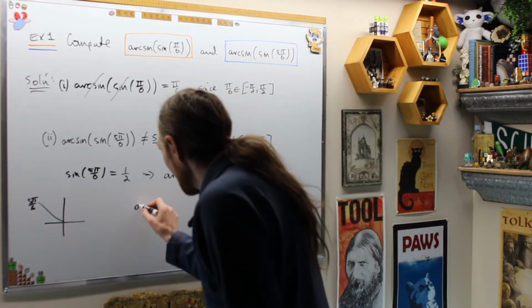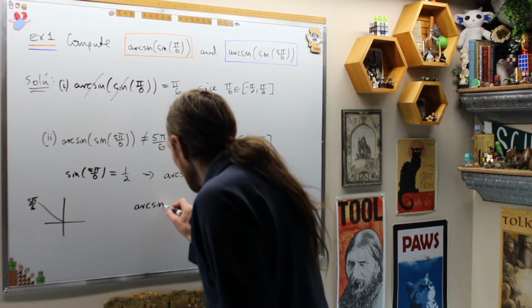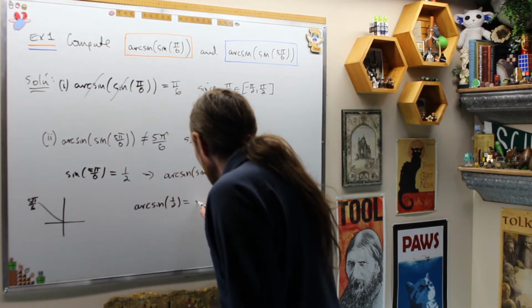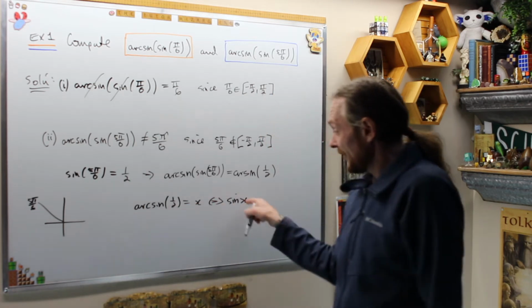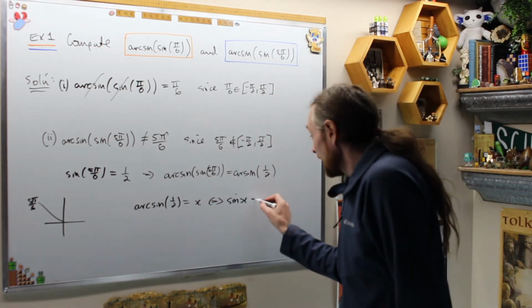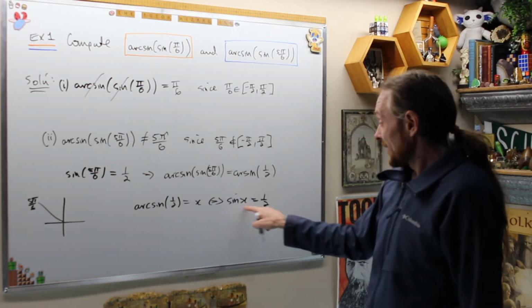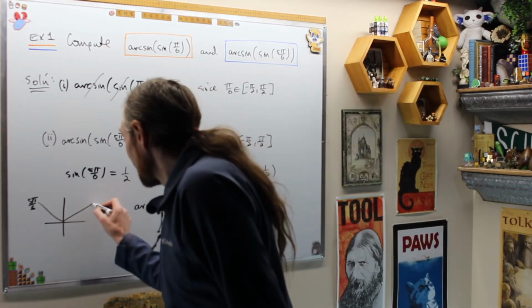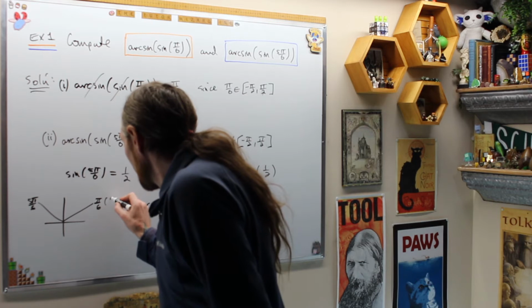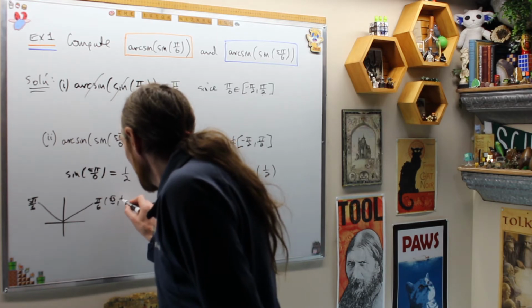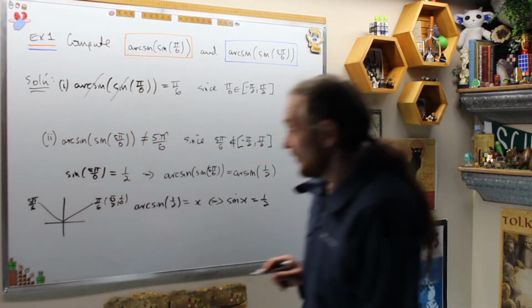And now we can say arcsine of 1/2 equals x if and only if sine of x equals 1/2, using the definition of what an inverse is. And when does that happen? That happens at pi over 6, where we get 1/2 for sine.